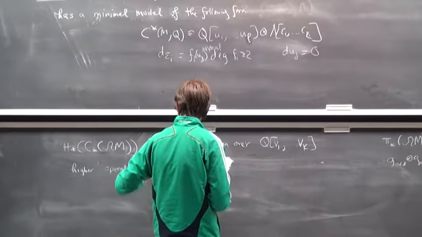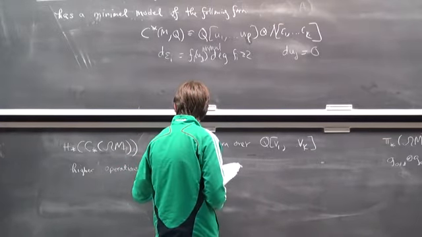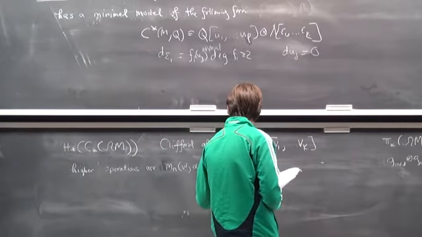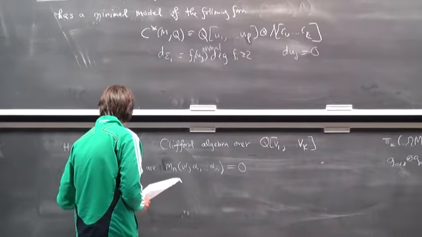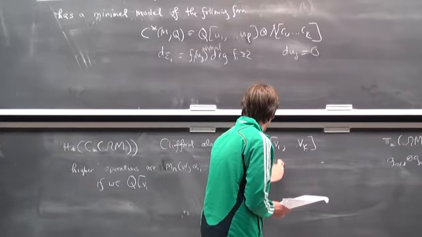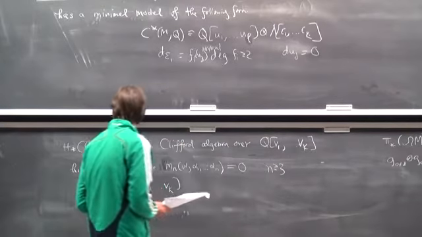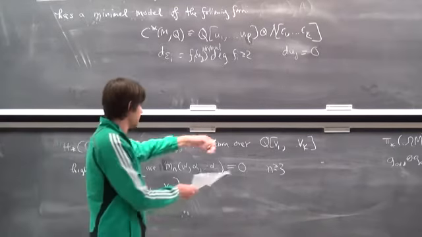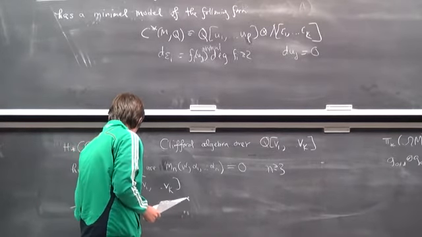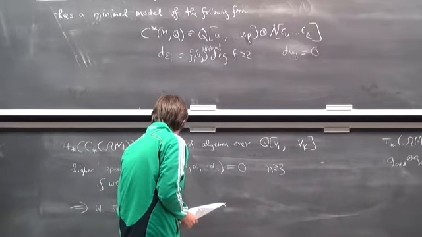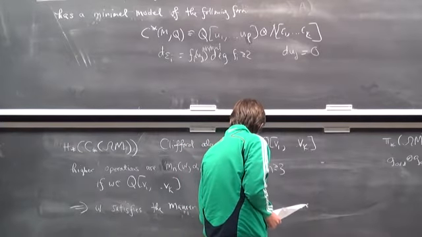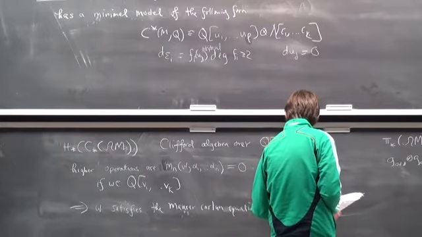The higher operations have the property that Mn of W alpha 1, where W is in, this is for n bigger than or equal to 3, V1 through Vk, and that tells you that these functions W satisfy the Maurer-Cartan equation in Hochschild cohomology.